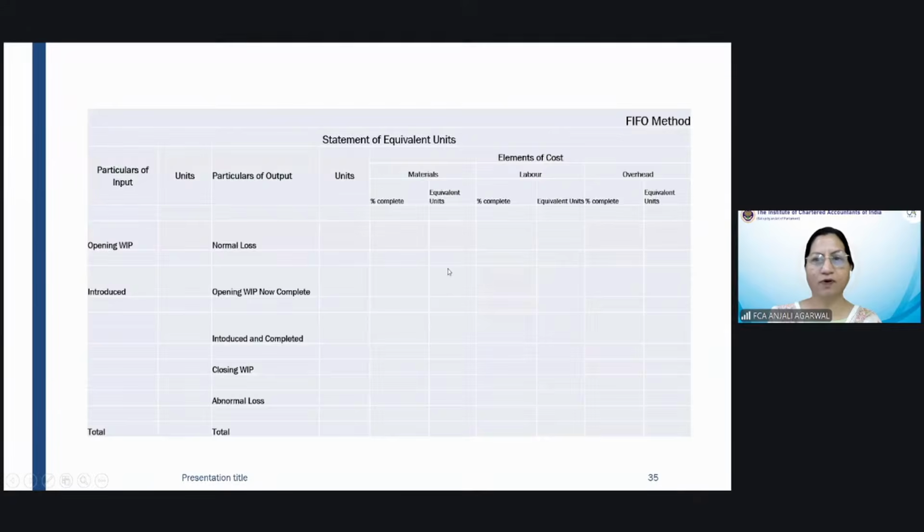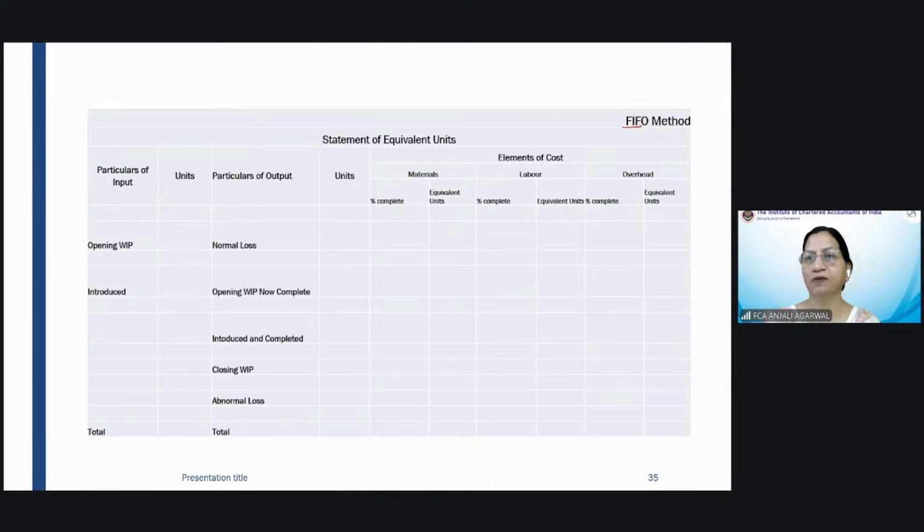I'll take this format. You can see this is the same format which I have drawn earlier. Particulars of input, units. Particulars of output, units. Elements of cost: material, labor, overheads. How much percent complete, equivalent units. Percent complete, equivalent units, percent complete, equivalent units.